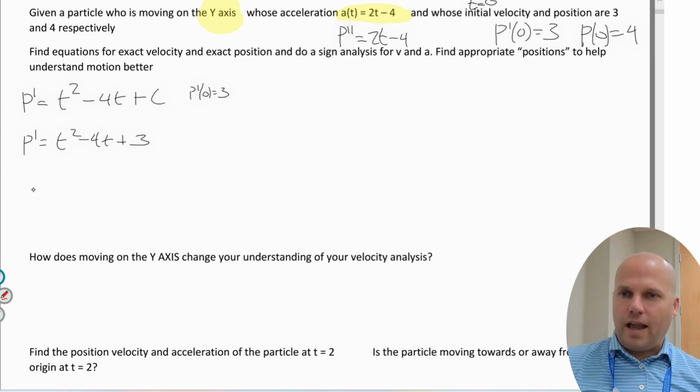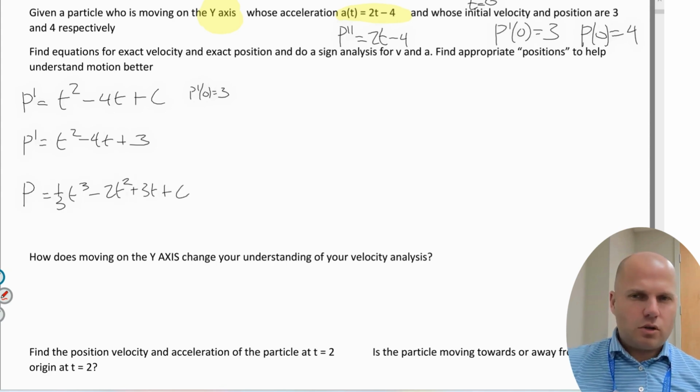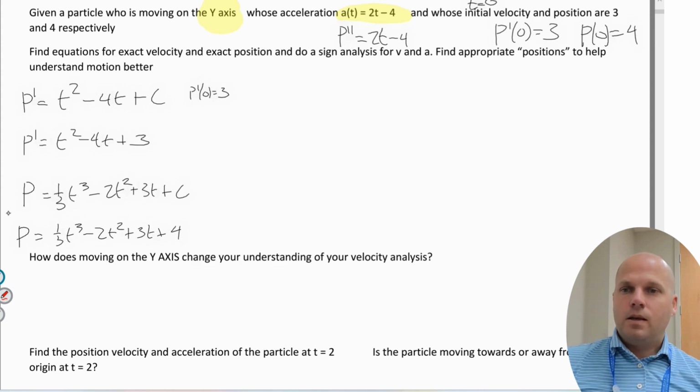Cool. And we have P, which is 1/3 T cubed minus 2T squared plus 3T plus C. Make sure you can do that yourself. And if I have P of 0 is 4, I have 1/3 T cubed minus 2T squared plus 3T plus 4. Now, what analysis do I like to do?